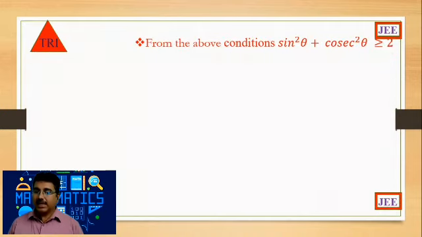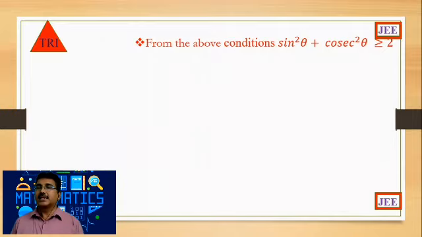Sin square theta plus cosecant square theta. Suppose here x equal to sin square theta, cosecant square theta is equal to 1 by sin square theta. Then x plus 1 by x, with x equal to sin square theta greater than 0, so sin square theta plus cosecant square theta is always greater than or equal to 2.